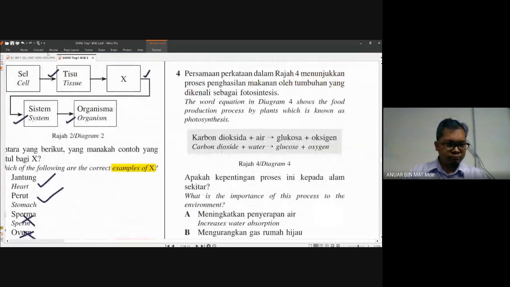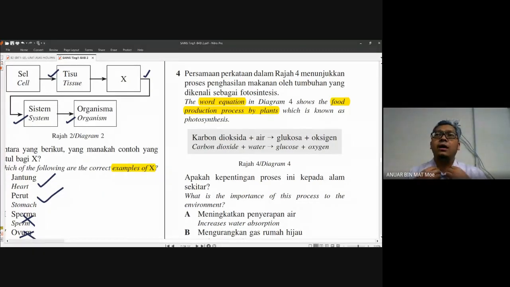Number 4. I will give you the information first. I will read the statement. What equation diagram shows the food production process by plant? If you read the statement, you automatically know this is the production of food by plant, so you know it is photosynthesis.